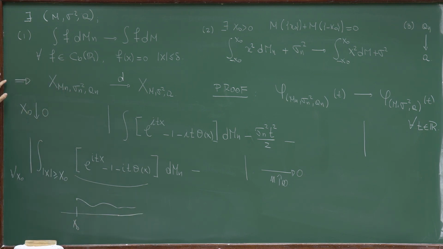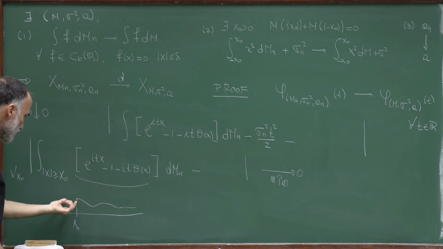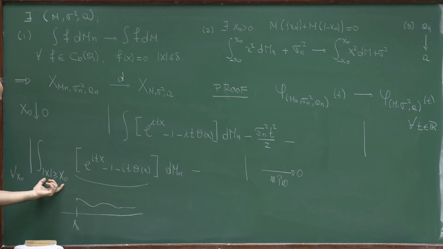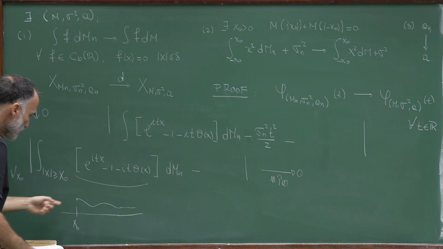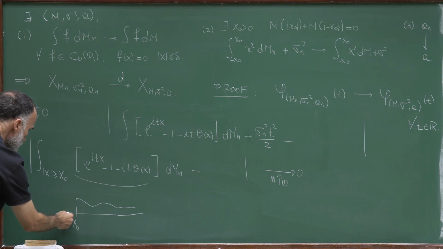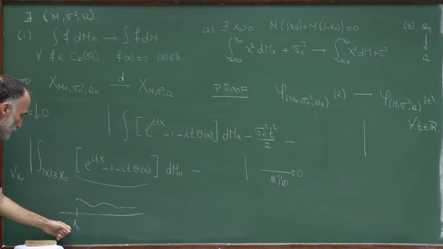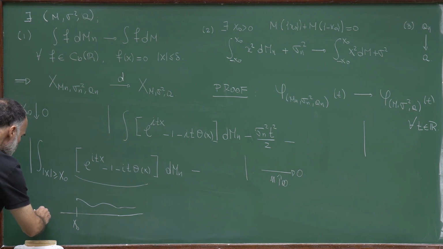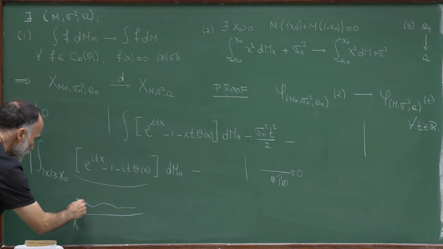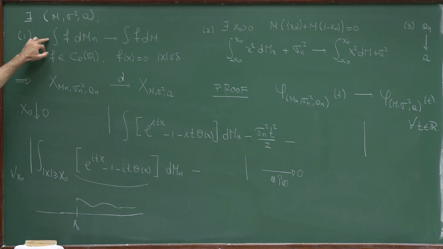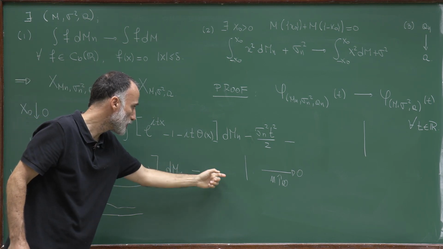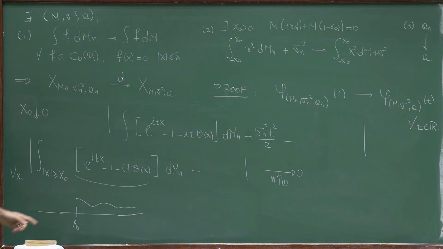So here is the function, and what we are doing here is cutting this function by placing this indicator of this set, setting this function to be 0 between minus x0 and plus x0. So, of course, we can't apply this condition directly in order to say that this converges to that expression, because there is a discontinuity at this point.